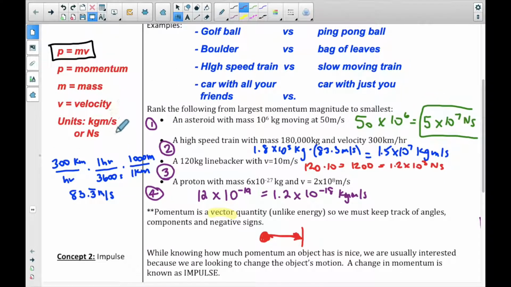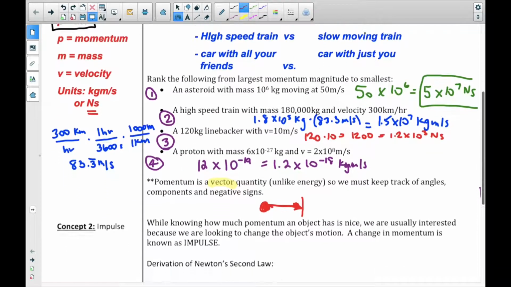And then we looked at the units and we said kilogram meters per second because that's mass times velocity. And then we said or Newton seconds, and notice that that is force times time. And so another related equation is going to be force times time.